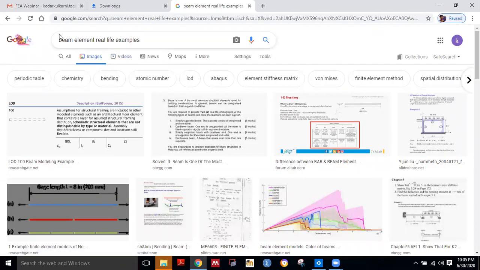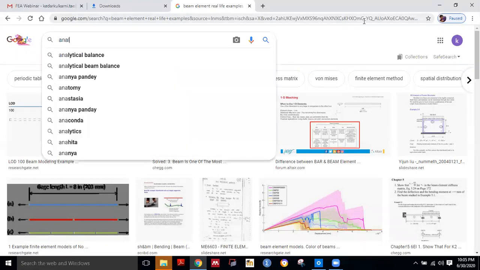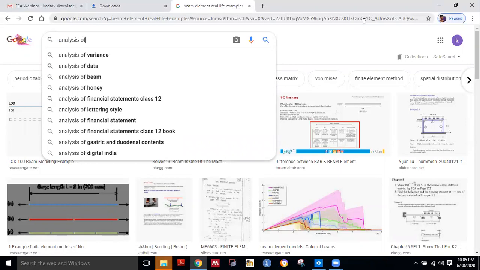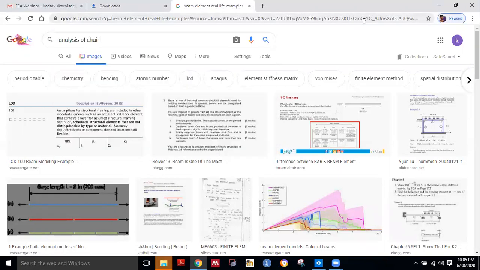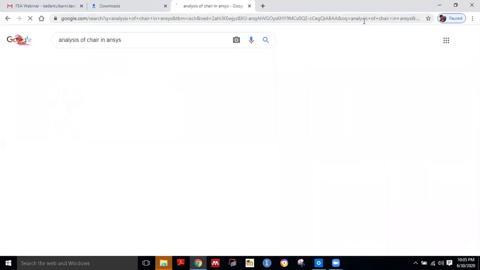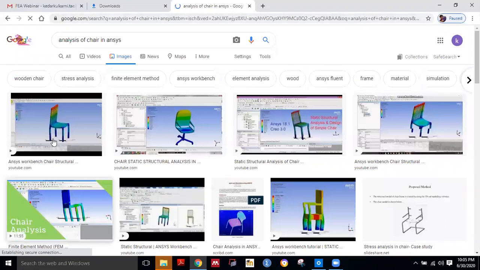So this is a beam element real life example. You can go for searching the analysis of a chair. So it will show a simple analysis.